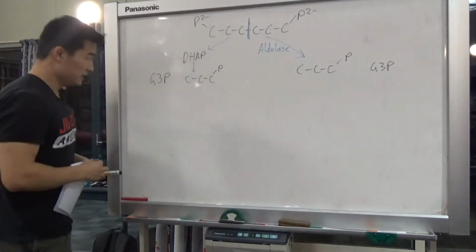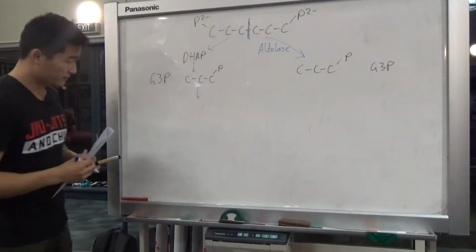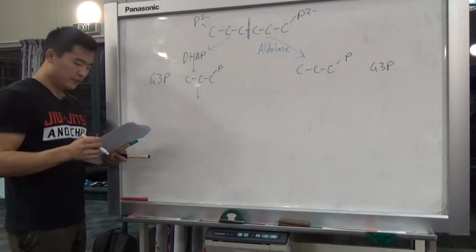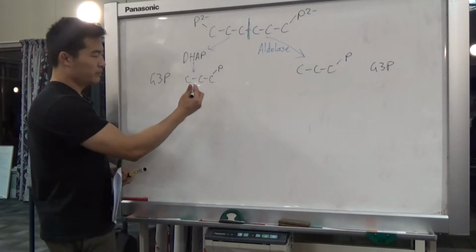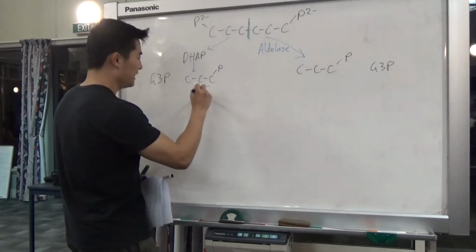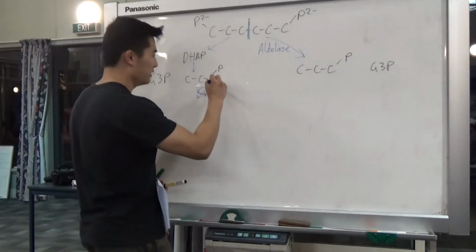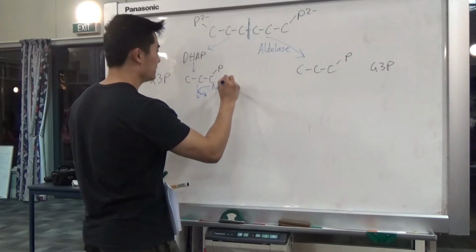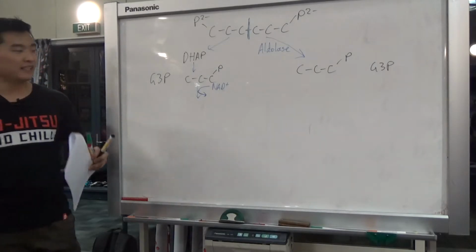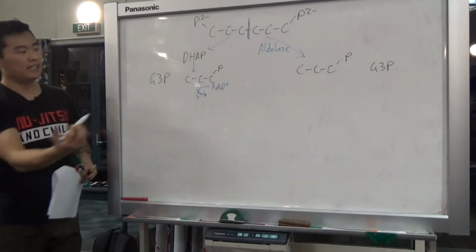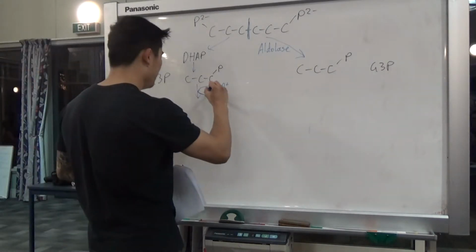It's a glyceraldehyde with a phosphate on the 3rd carbon. And then, I'm going to just go down here first. We're going to have the next step. We're going to oxidize this molecule. We're going to take the electrons off G3P. So it's NAD+. NAD+ is always like, oh, I want to take electrons off someone, and then it's going to see glyceraldehyde 3-phosphate, and NAD+ is going to come and take it from G3P.